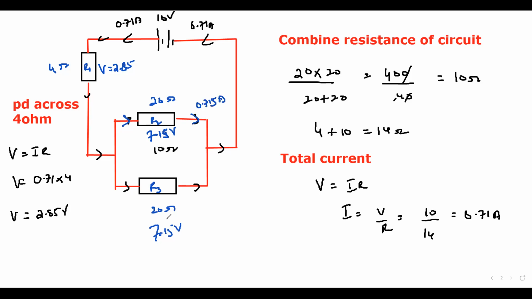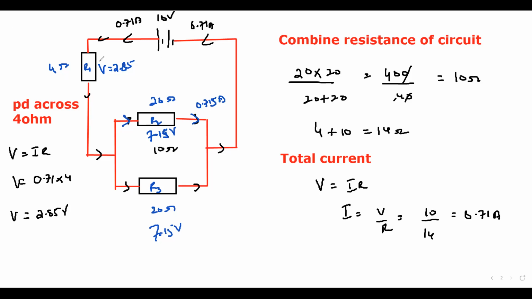For the other, the voltage is 7.15 divided by the resistance, 20, so about 0.36. To recap, the parallel part was 10 ohm, the total was 14, and 10 divided by 14 was 0.71.